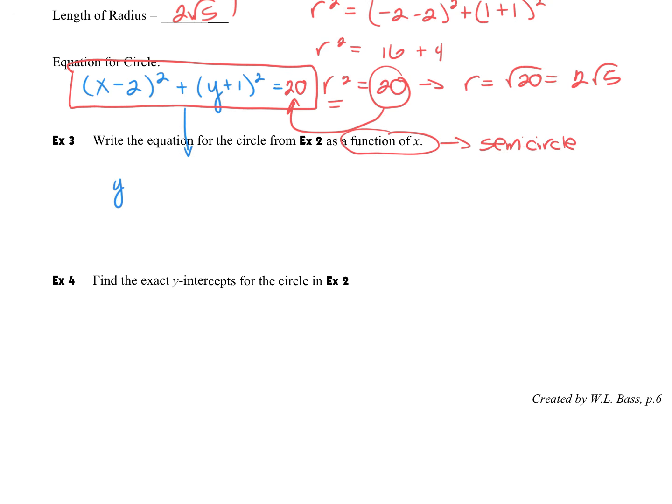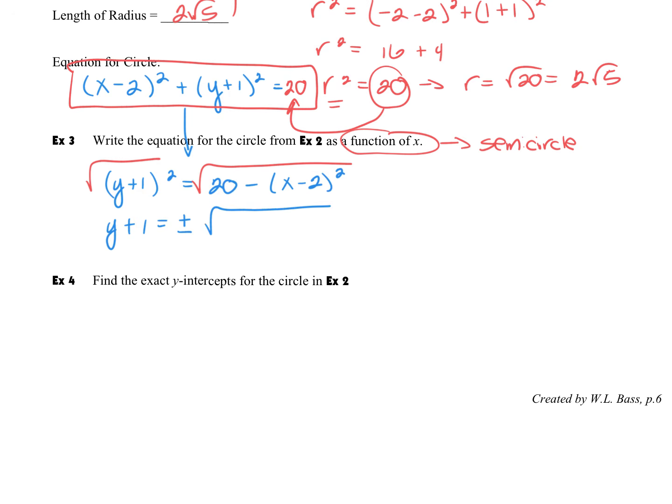So that means I'll have y plus 1 squared, and then 20 minus this entire quantity. Then I'm going to take the square root of each side. Gives me y plus 1, and now I have a plus or minus on the right-hand side. And the last thing I need to do is to subtract the 1 from the other side.